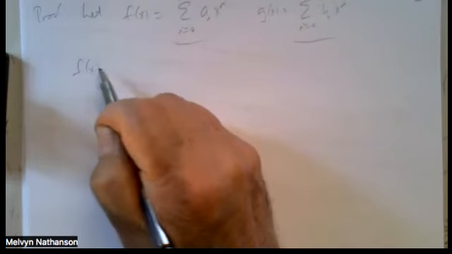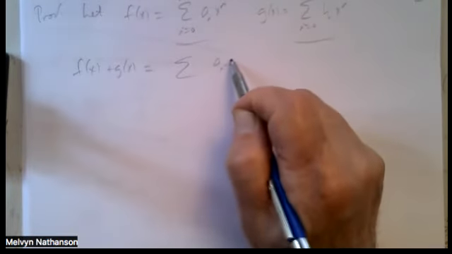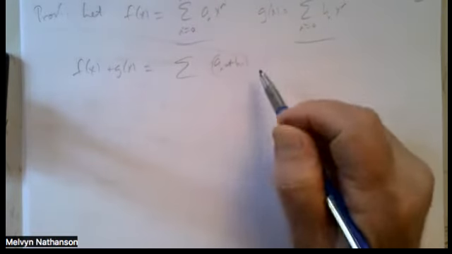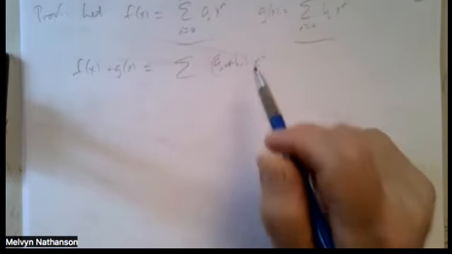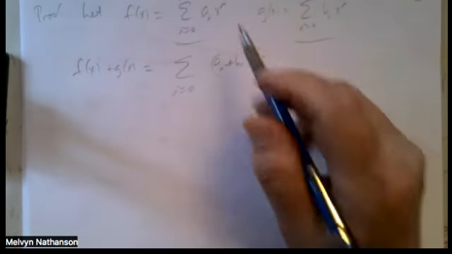So I have two polynomials. If I add them, f of x plus g of x, you simply add up the coefficients. This is a i plus b i x to the i. I never said that these coefficients are all non-zero. So for simplicity, I can assume both summations go up to n.